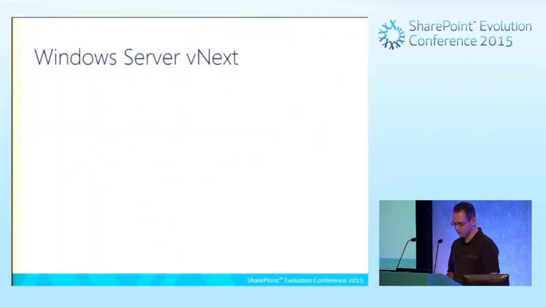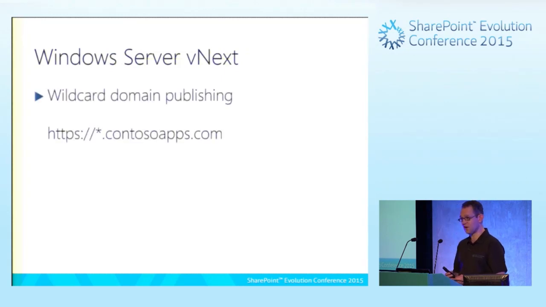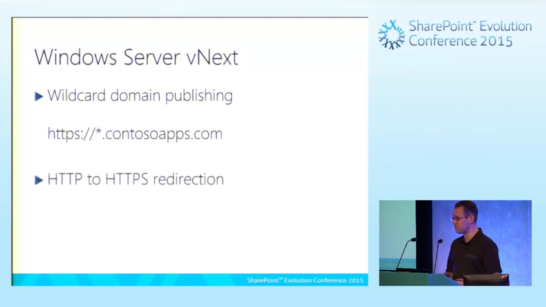And to end, Windows Server vNext has some new interesting features related to the web application proxy. You can finally do wildcard domain publishing for your SharePoint apps, so things like star.contosoapps.com, that will be possible in the next version. There are more features than I'm going to show you right now, but these are the interesting ones for SharePoint. You can do HTTP to HTTPS redirection, so a user can type in portal.contoso.com with HTTP, and then it will be redirected to HTTPS the first time he connects.